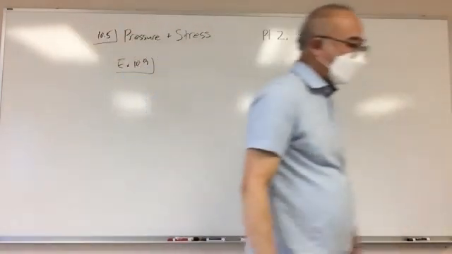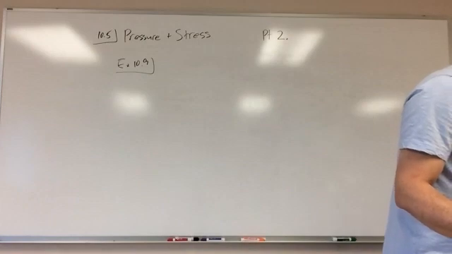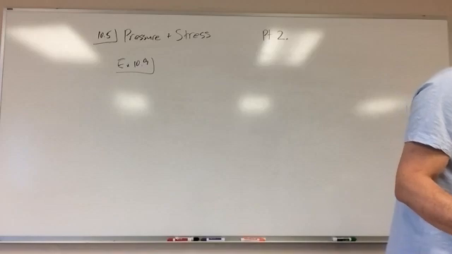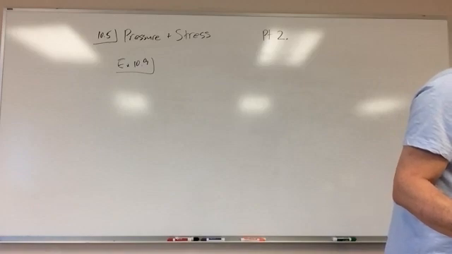Example 10.9, starting with an atmospheric pressure of 101.3 kilopascals or 101,325 pascals. That's the atmospheric pressure, right? Express the magnitude of the pressure in the following units.